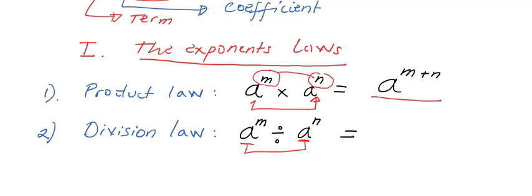This expression can be simplified by just writing the base, which is a, then you need to subtract the exponents. How do you subtract? The numerator exponent minus the denominator exponent. This is how you can simplify this kind of expression.